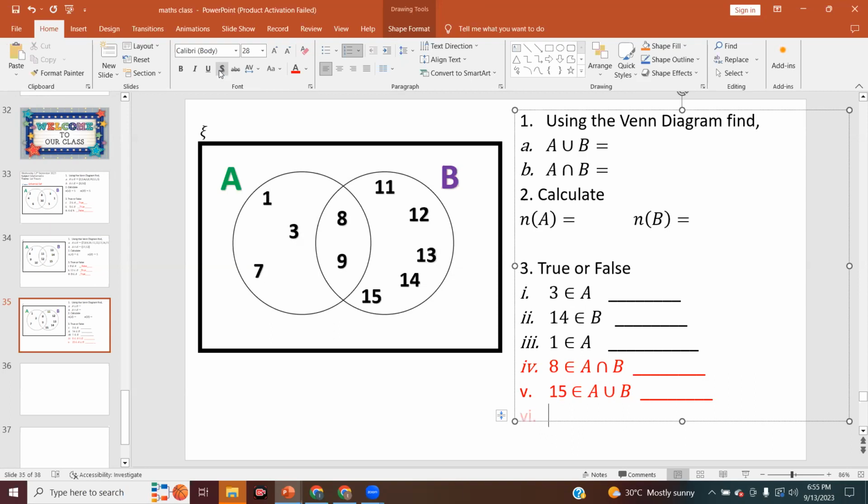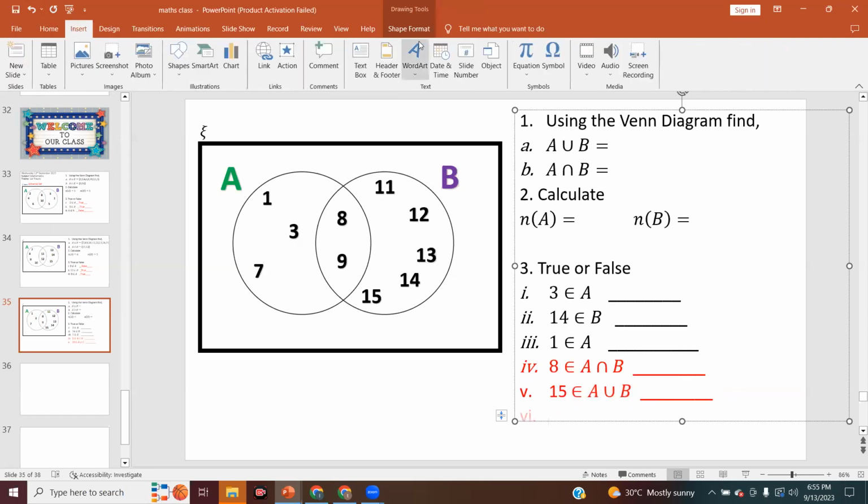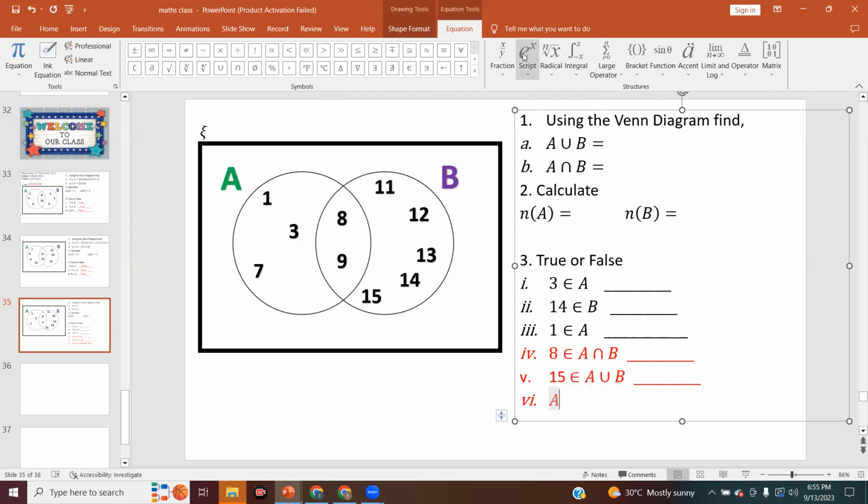And also, number 6 is also a bonus. A union B is equal to the null set.